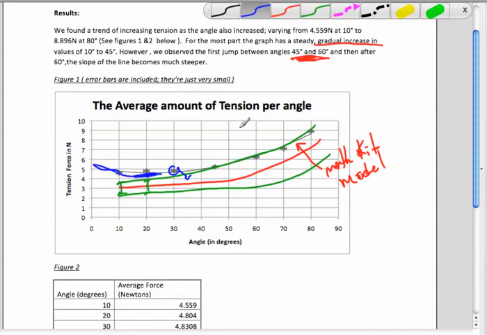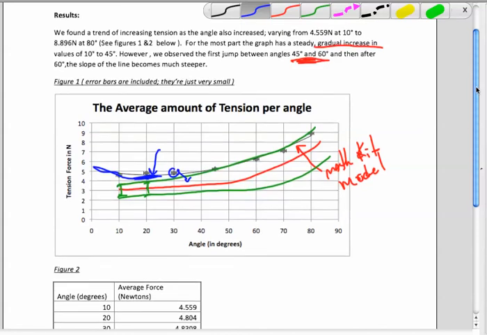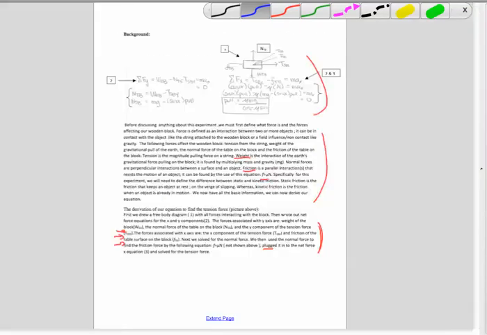In fact, all of your statements here about it increasing up and up actually miss a very important feature, which is a local minimum right there. And that local minimum can be found by either A, looking at the graph, or B, taking derivatives of this function.